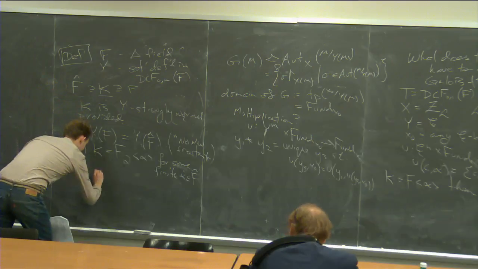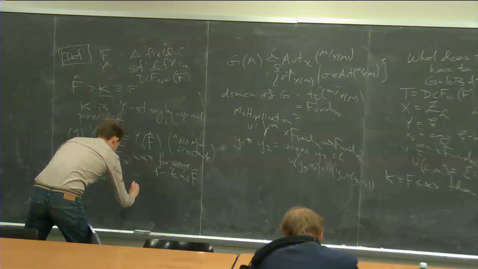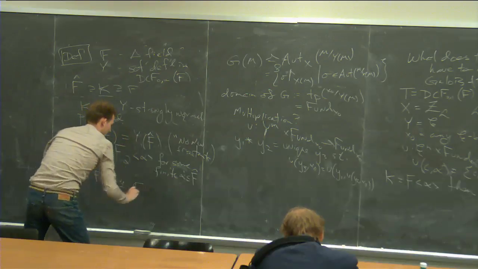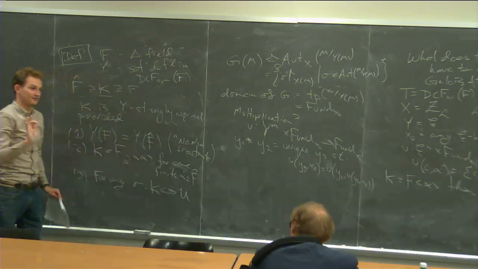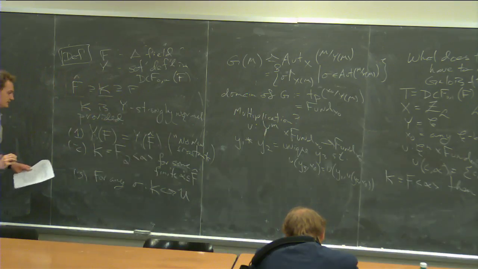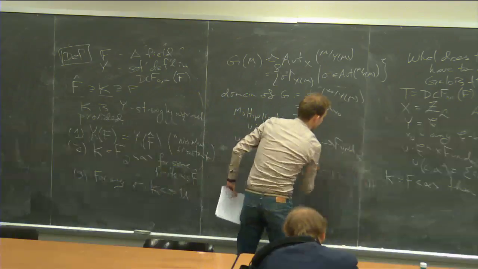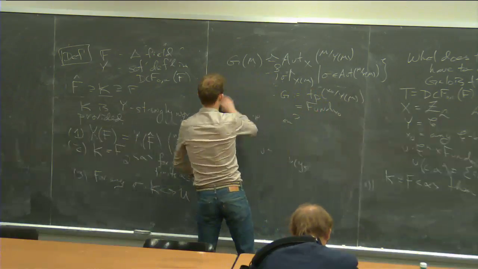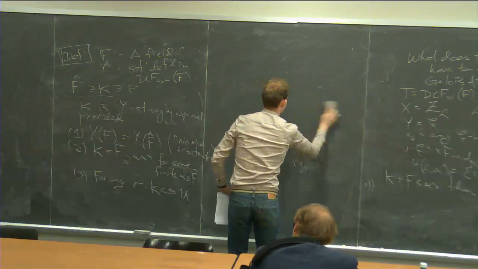So for any embedding sigma of K into some universal differentially closed field U, we have that it lives inside a certain small part of the universe.